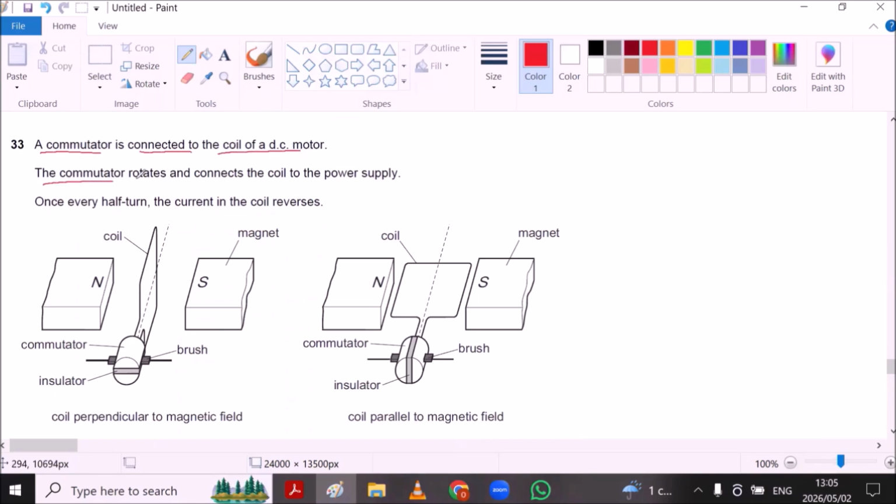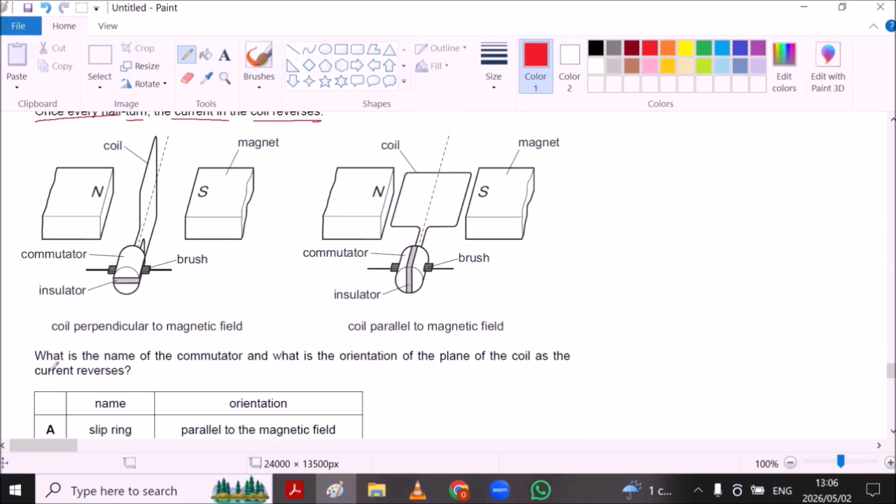Next question. A commutator is connected to the coil of a DC motor. The commutator rotates and connects the coil to the power supply. Once every half turn, the current in the coil reverses. What is the name of the commutator and what is the orientation of the plane of the coil as the current reverses?